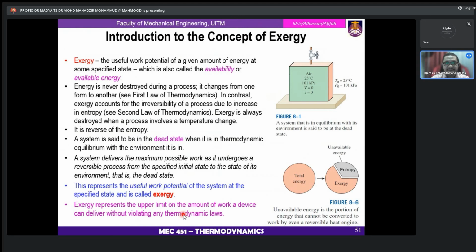A system is said to be in the dead state when it is in thermodynamic equilibrium with the environment it is in.